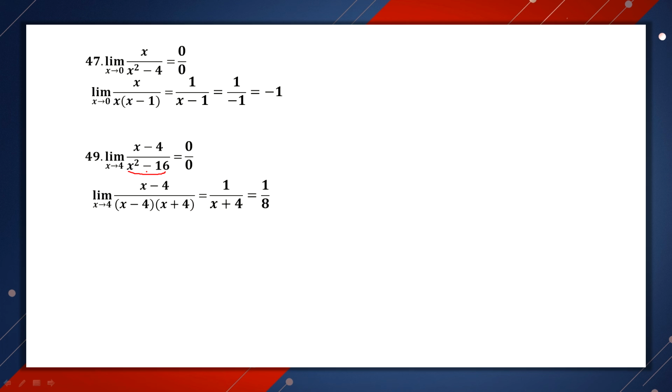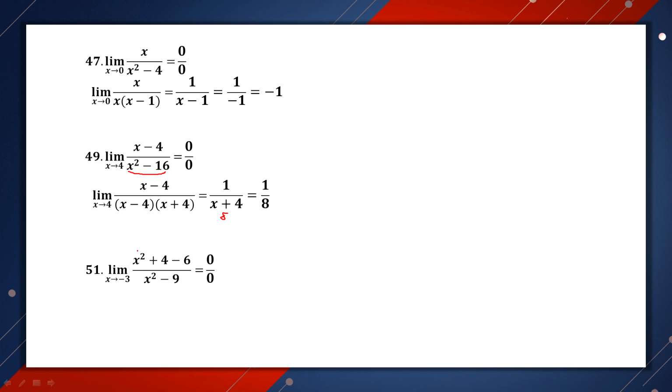These are the factors of this one, and we get x plus 4, which is 8 at the bottom, and we got 1 over 8. And here we can get that this is a 0 over 0 condition too.